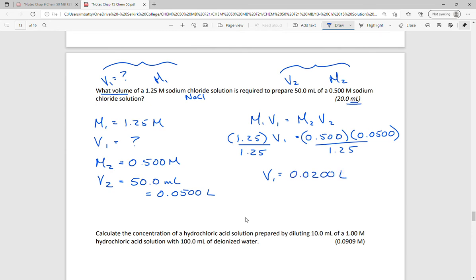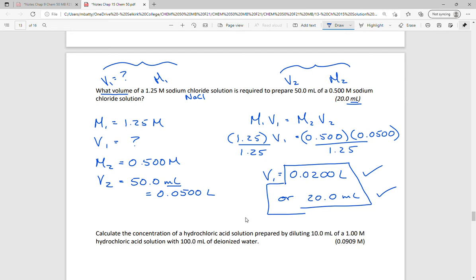Now, this is given in milliliters, and as long as you put in milliliters, milliliters will come out. So if you're like, forget it, I'm not going to bother converting to liters, totally fine. This is correct, or 20.0 milliliters is also correct. Absolutely fine. And again, why I've converted to liters is that sometimes you're allowed to keep it in milliliters, but not always. And so that pitfall can be problematic when you're learning this stuff.